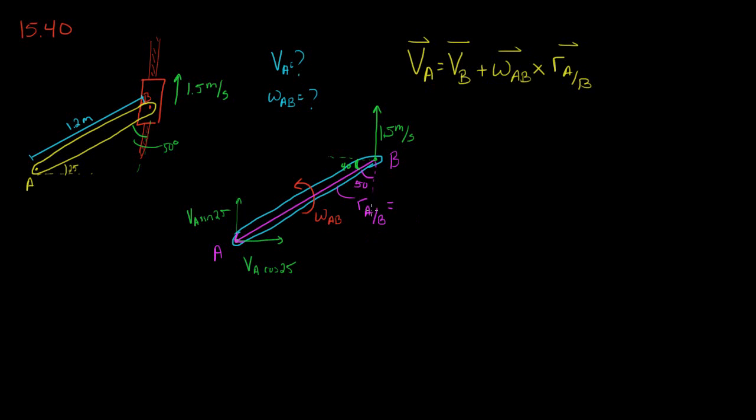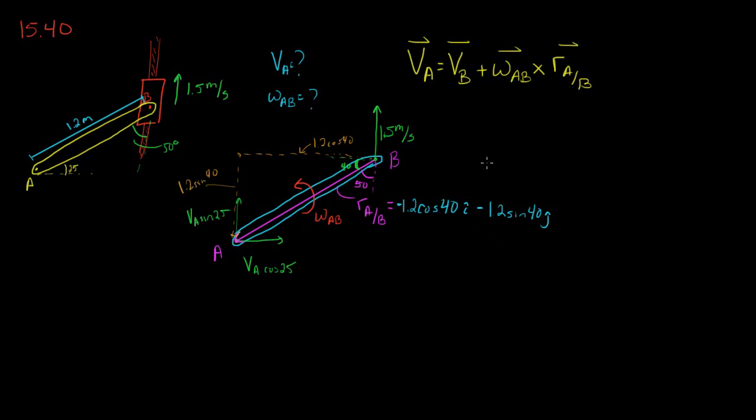This distance is going to be 1.2 times the cosine of 40 i, and this is a negative, and a negative 1.2 times the sine of 40 j. So I'm coming this distance, 1.2 times the cosine of 40, and I'm coming down this distance, 1.2 times the sine of 40.